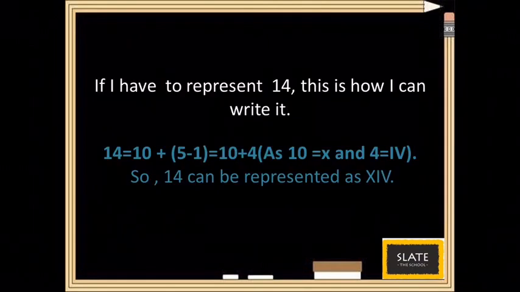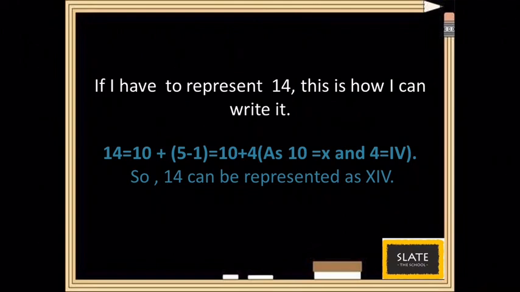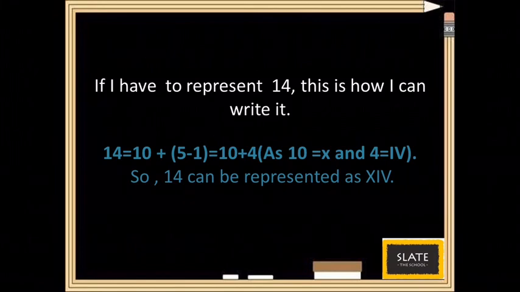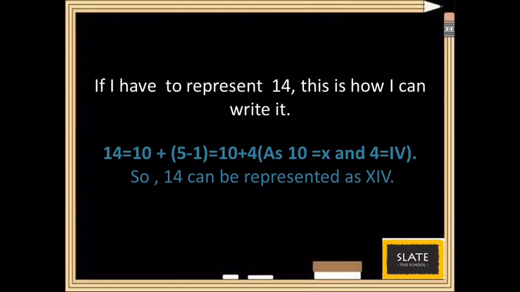If I have to represent 14, this is how I can write it. 14 is equal to 10 plus (5 minus 1) in the bracket, which is equal to 10 plus 4, as 10 is equal to X and 4 is equal to IV. So 14 can be represented as XIV.